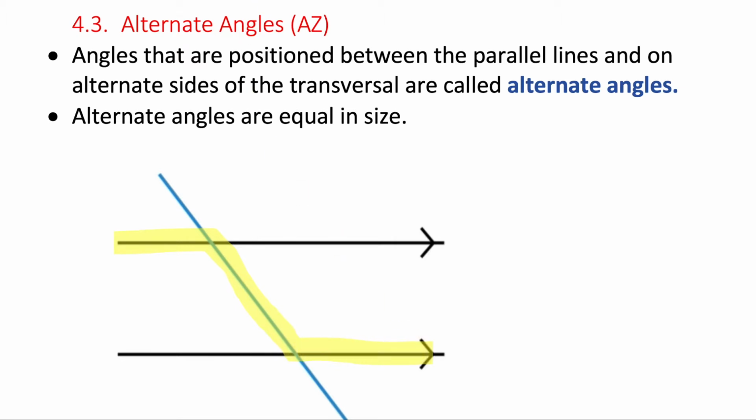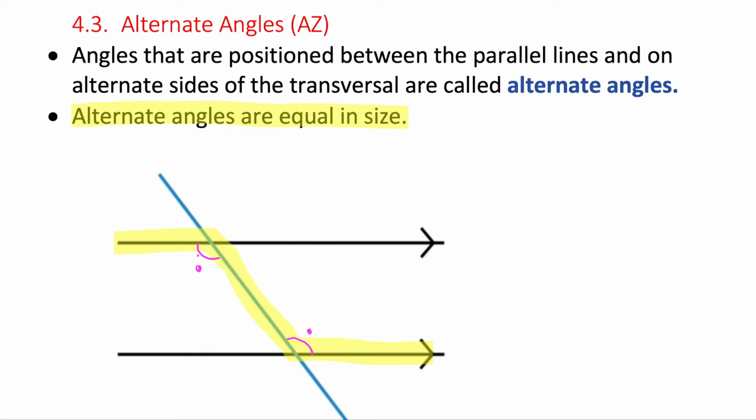And I just created this angle and this angle, which are going to measure the same. Remember to highlight that they're going to measure and going to be equal in size. So angles that are positioned between the parallel lines, so they are between the parallel lines, and on alternate sides of the transversal.